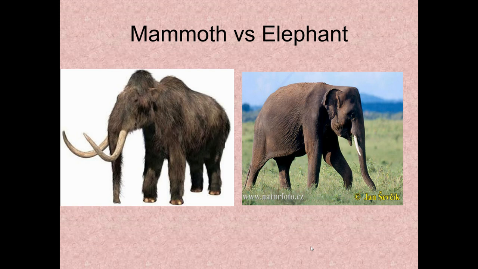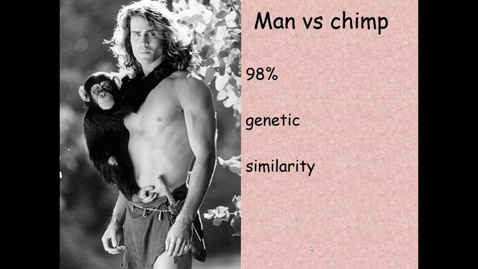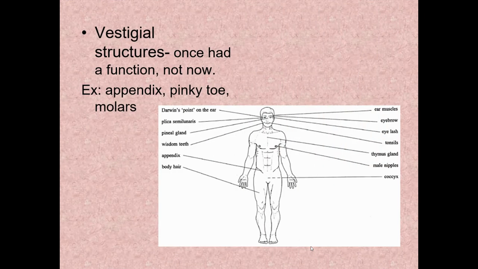Some people say that, because we find mammoths all the time frozen, but their DNA has corrupted because they're hundreds of thousands of years old, we can actually replace some of their missing DNA with elephant DNA and then create a mammoth. It's kind of like how Jurassic Park, the movie, got started. And again, we said we're 98% similar to chimpanzees.